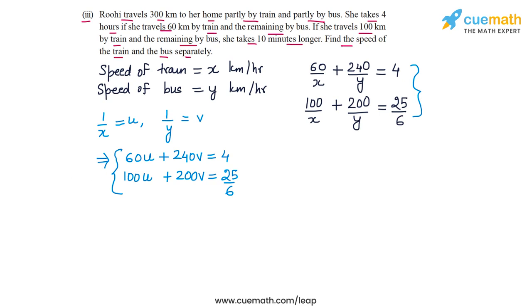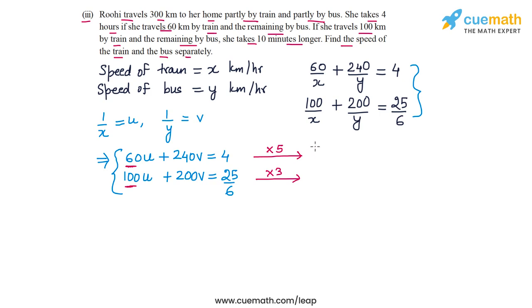So let's solve this pair and find out what u and v are. I'm going to use elimination to do this. The coefficient of u in the first equation is 60. In the second equation it's 100. So I'm going to multiply the first equation by 5 and the second equation by 3, because this will turn 60 into 300, and it will turn 100 into 300, and the coefficients of u will become the same.